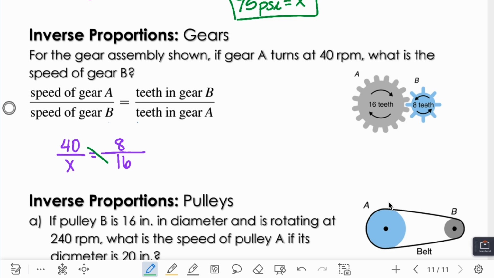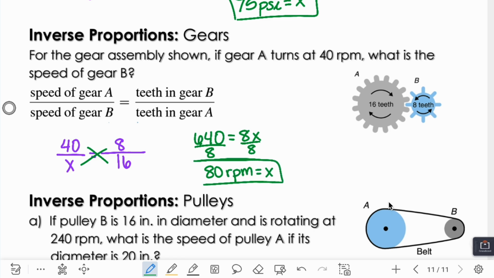So we have 40 times 16, which is 640. Then we have X times 80, which is 80X. And when I go to solve for X, I divide by my 80. And I'm going to get 8. And this was the speed of gear B. So this would be RPM. So 8 RPMs is X. So if gear B has five times the amount of teeth of gear A, then it should move five times slower.